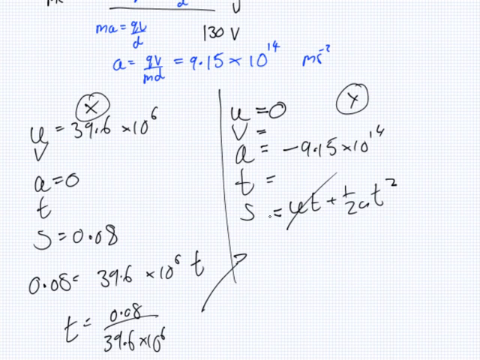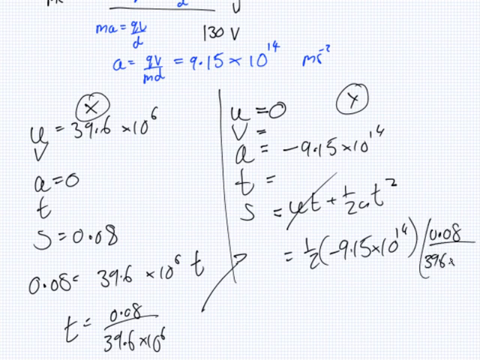Well, I'll put the minus in. Minus a half, a half minus 9.15 times 10 to the 14 T squared, which is 0.08 over 39.6 times 10 to the 6 squared. That's the answer.